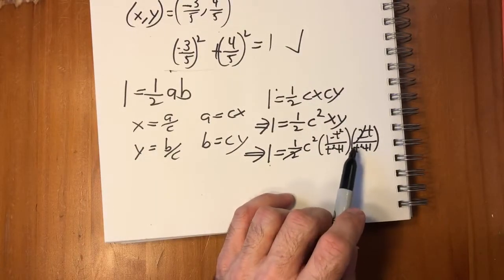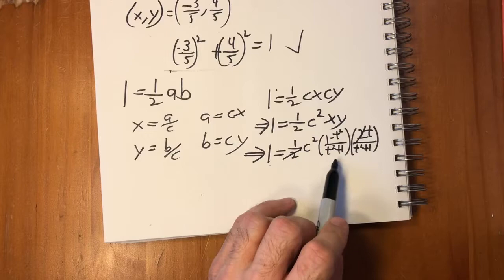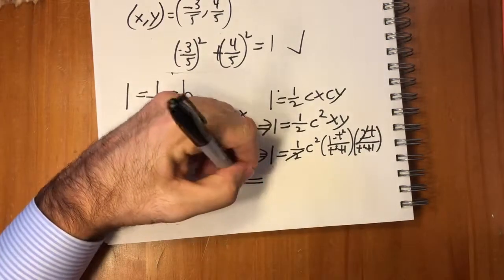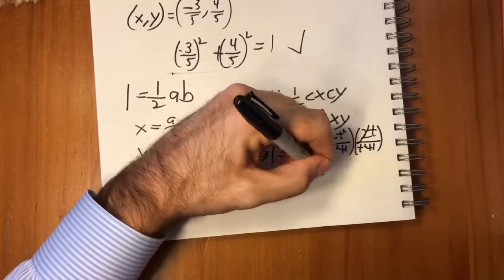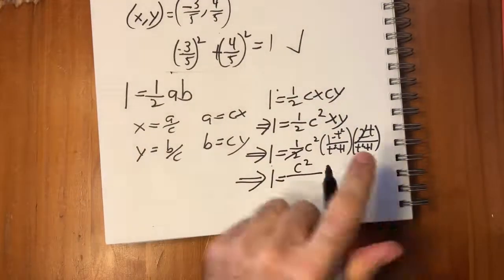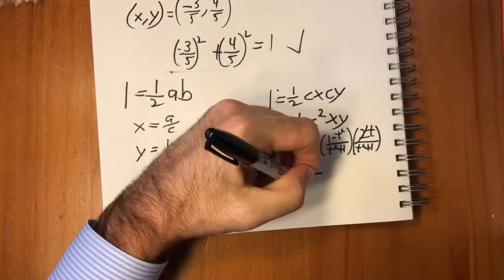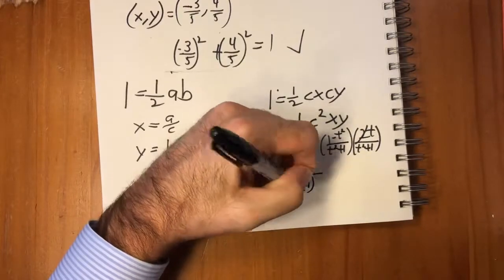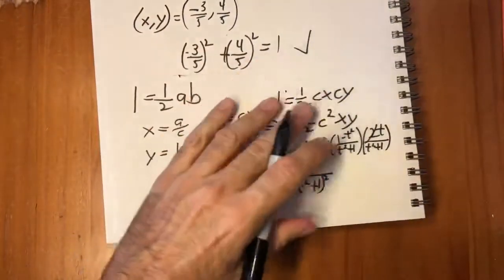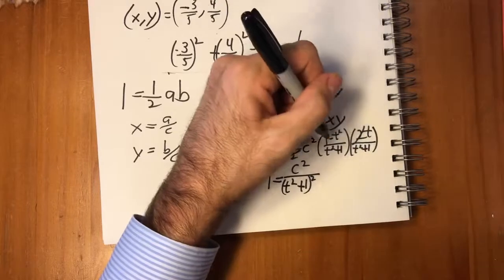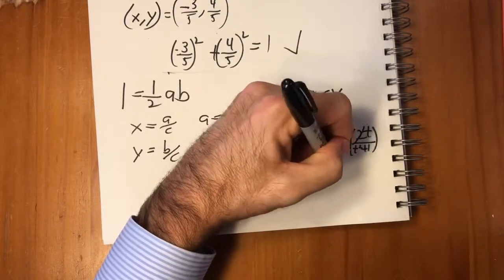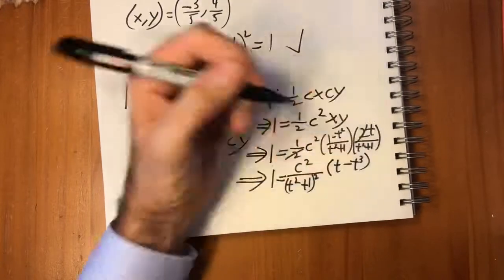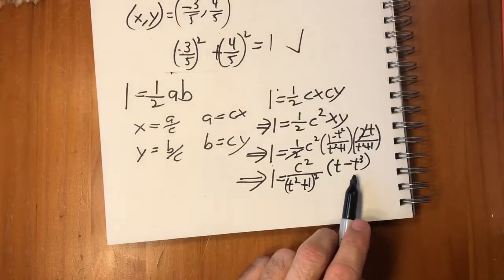And what do we have now? We have something that looks really ugly, right? 1 equals c squared over t squared plus 1 squared, times t minus t cubed. That looks vaguely familiar.